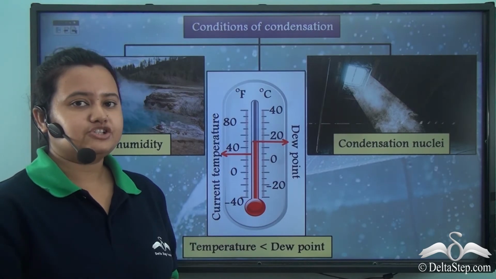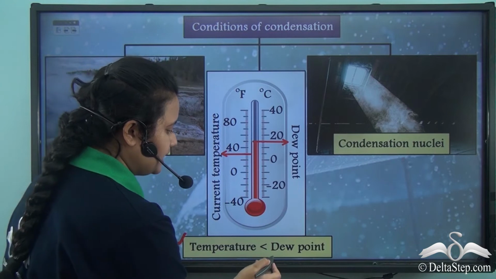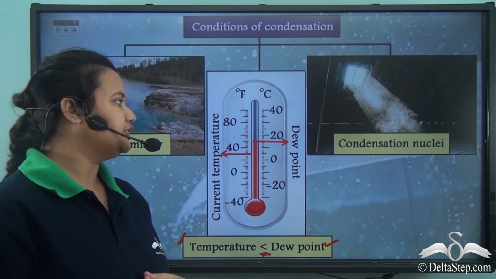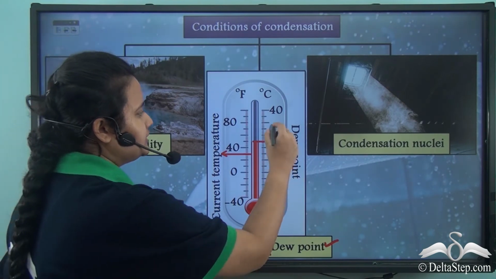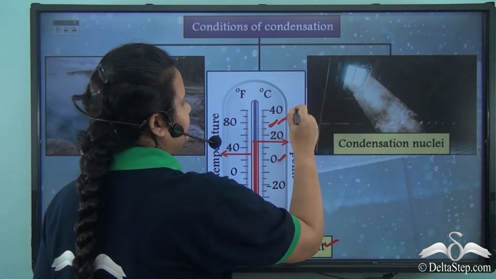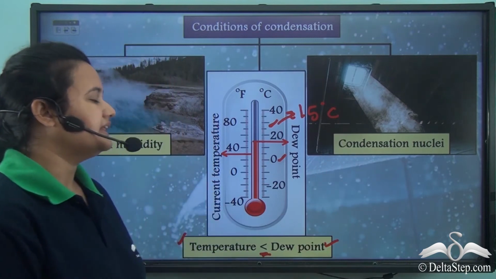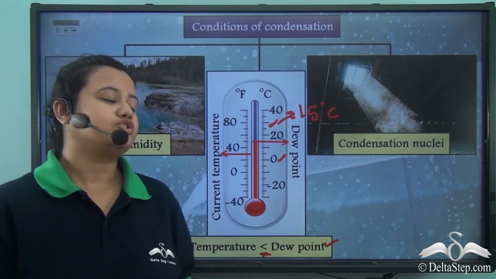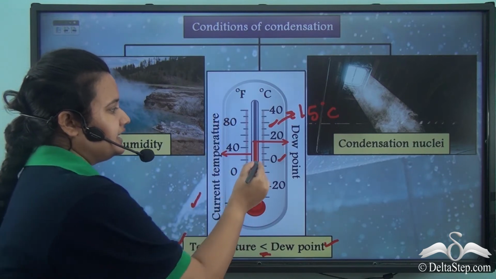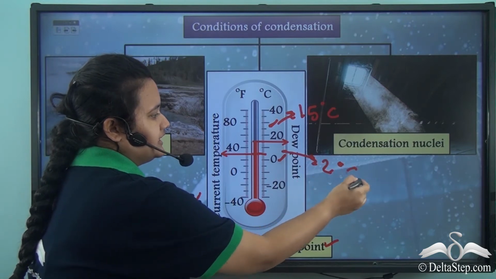The third condition for condensation to occur is that temperature should be lower than the dew point. Suppose the dew point is somewhere between 20 to 0 degrees Celsius, say 15 degrees Celsius, then for condensation to occur, the current temperature should be below this, say 2 degrees Celsius.